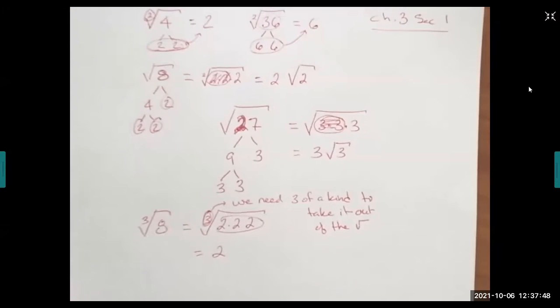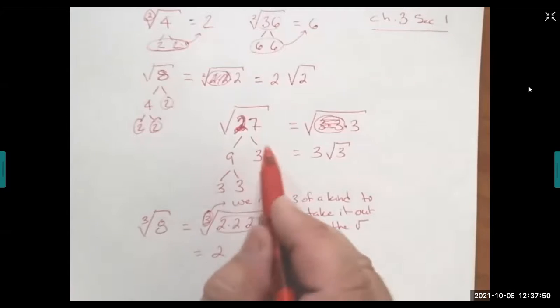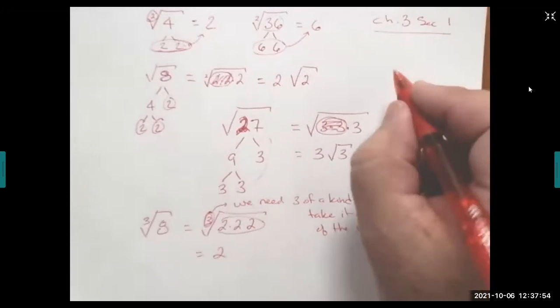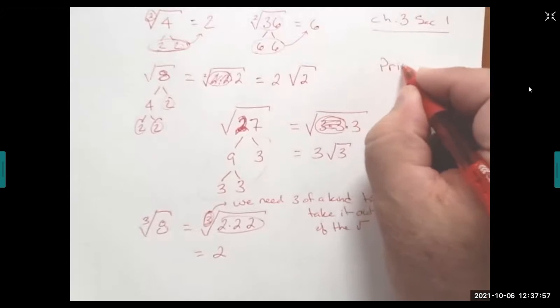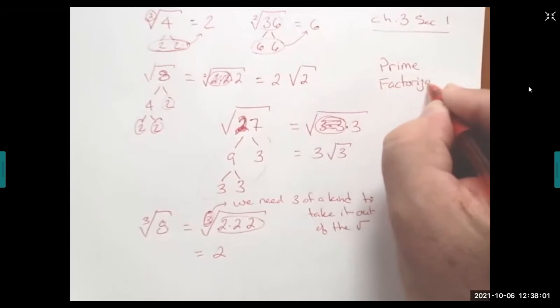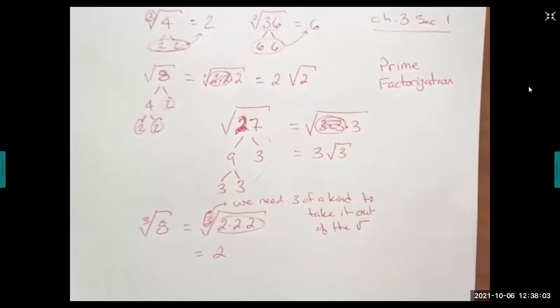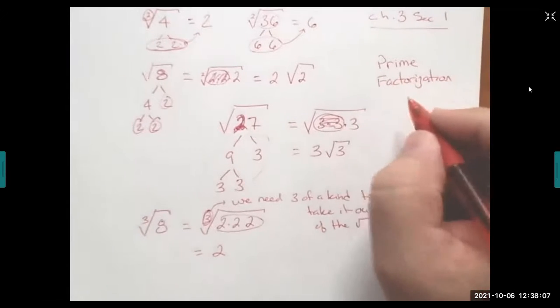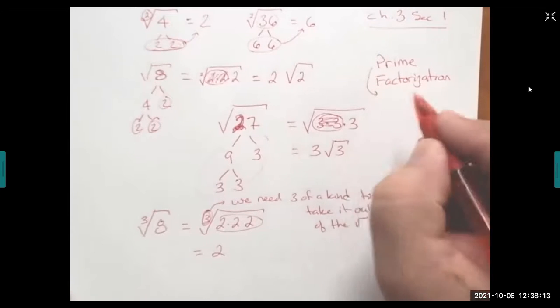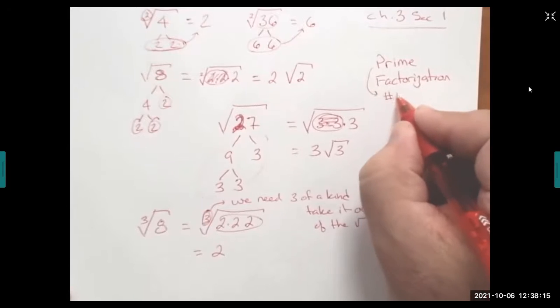So far, so good. With this process here, these little trees that I'm doing is called prime factorization. I break it down to its prime numbers. What are prime numbers?